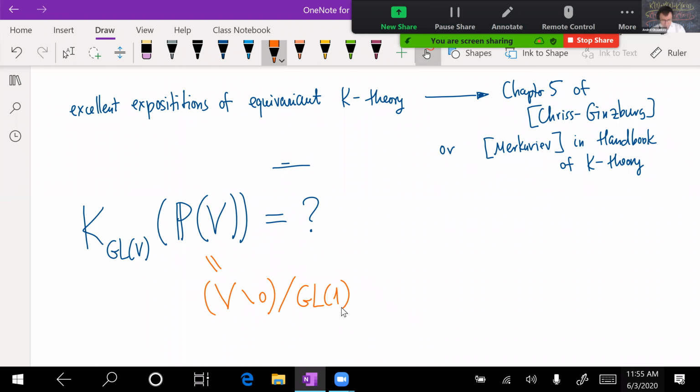I subscribe to the point of view that equivariant homology theories are simpler than non-equivariant ones. The reason is that most important varieties, like projective spaces, Grassmannians, and other varieties that appear everywhere in geometry, are quotients.